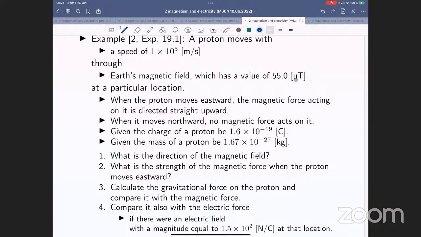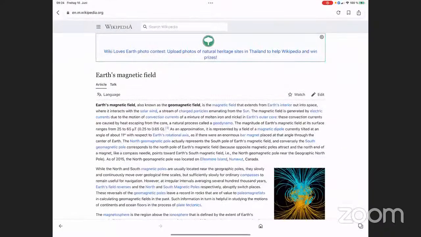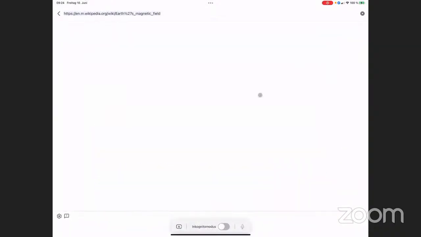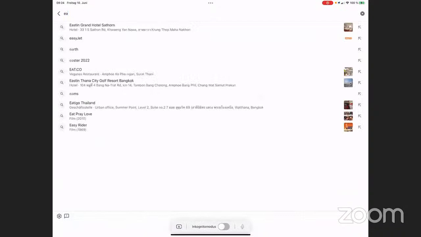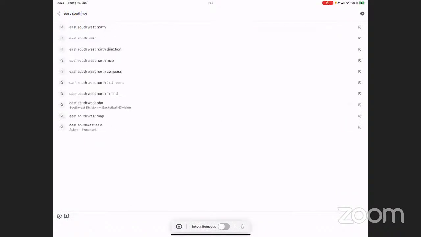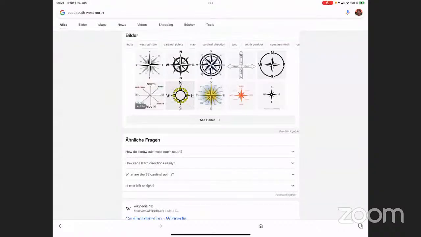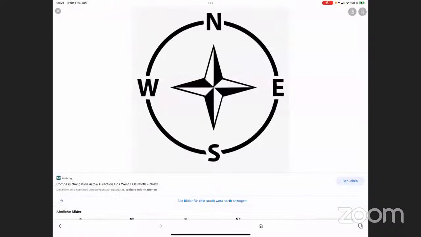Do you know this prefix unit, right? It's 10 to the -6. And when the proton moves eastward, what is that then? Eastward means you have south, west, north. Where is eastward?